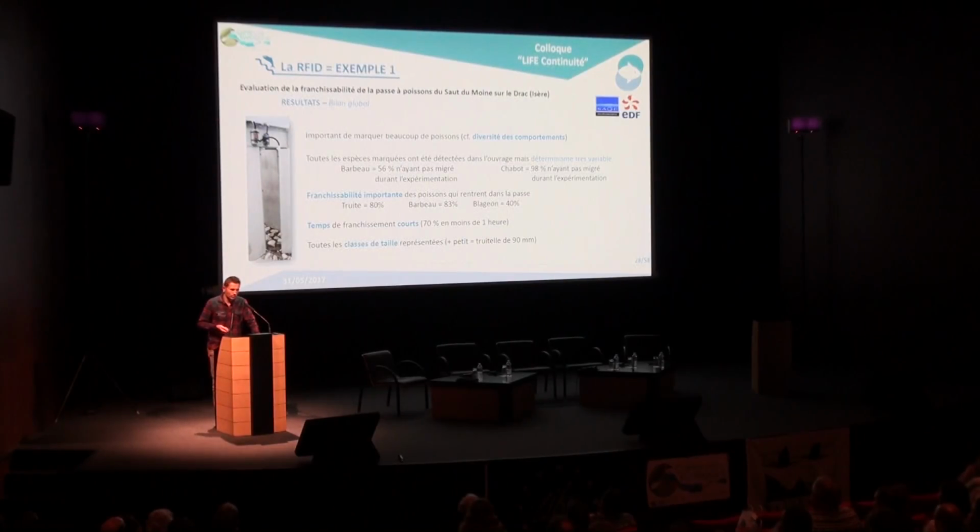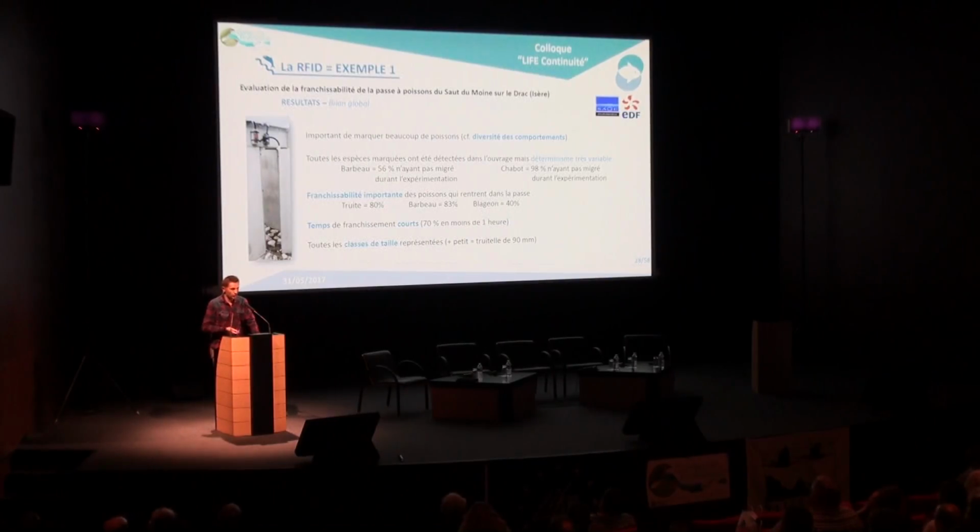So it is important to mark many fish because we have got different behaviors between species and even within the same species. But there is a determinism of movement, 56% for the barbel and 98% for the sculpin.